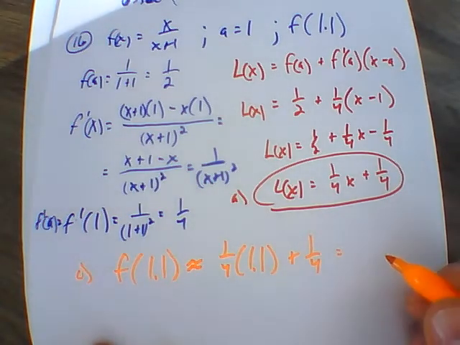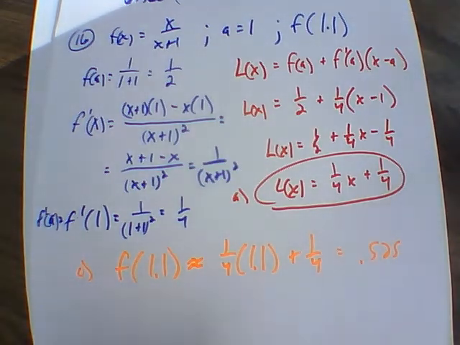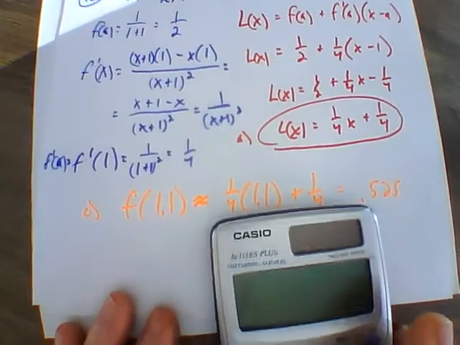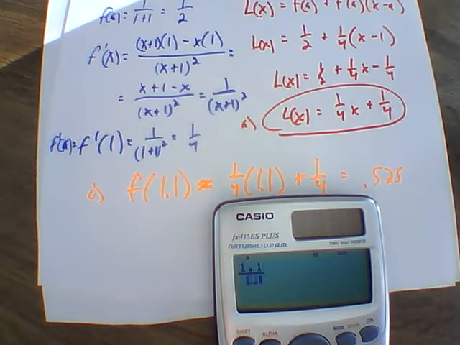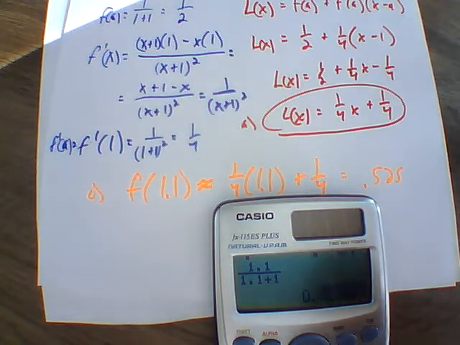If we type this into our calculator, we get 0.525. Now, if we were to consider what's going on overall, I could have plugged that into my original equation, 1.1 over 1.1 plus 1, and we see we get 0.54.